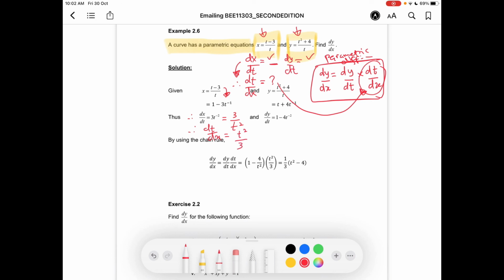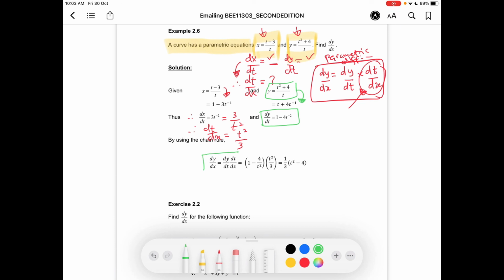And then for the y here, again you can simplify it. Let me delete this one so that we can see it clearly. As for the second part, we simplify it, so it becomes t plus 4t to the power of minus 1. So dy over dt is 1 minus 4t to the power of minus 2.